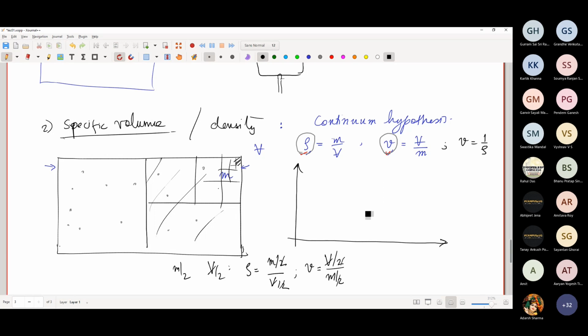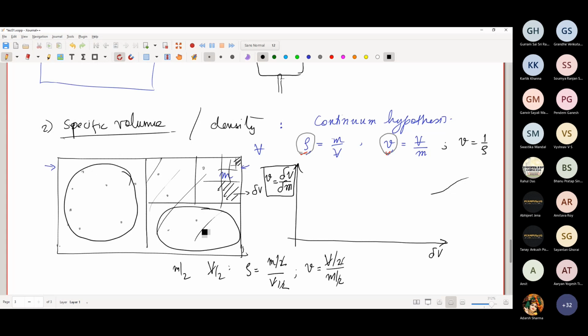So if I were to plot, if I call this volume the differential volume delta V, plotting it on this axis, and I'm plotting delta V over delta M, which is specific volume. For very large volumes, you will have some macroscopic variations, because this volume may have some overall larger mass than this, owing to some prevalent physical condition.